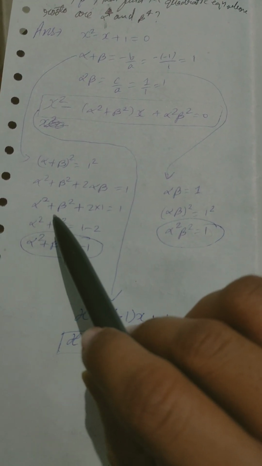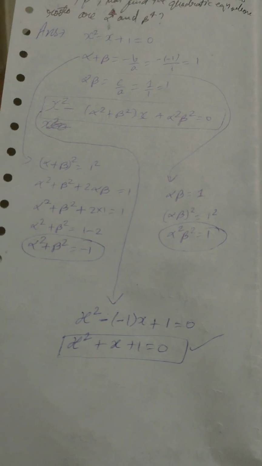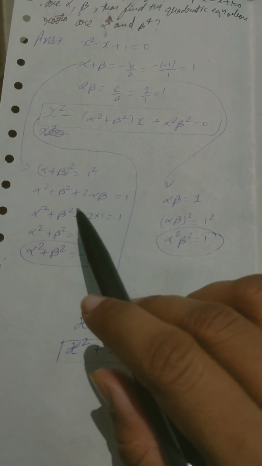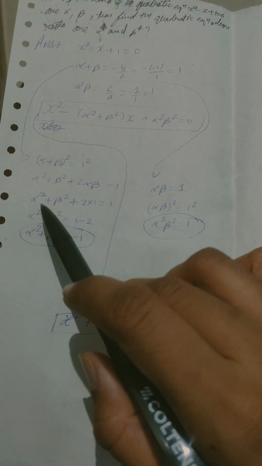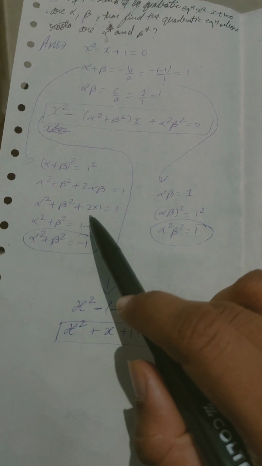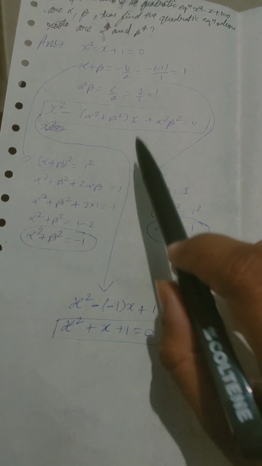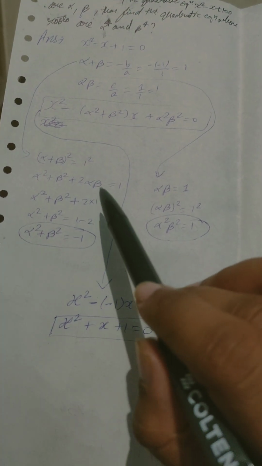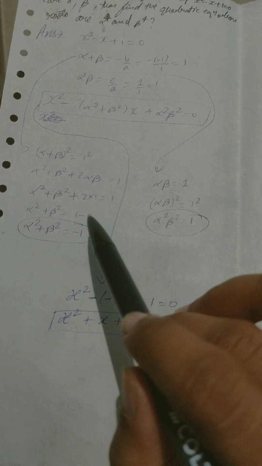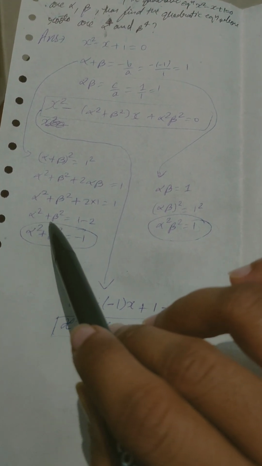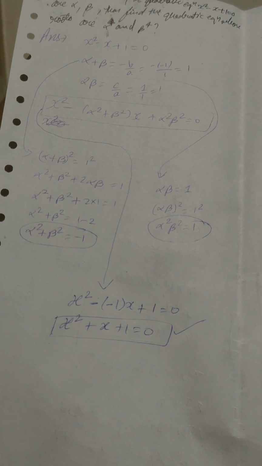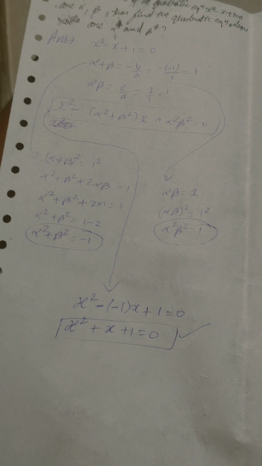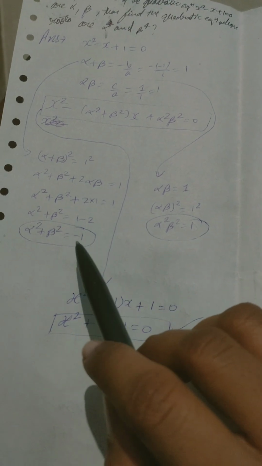Since alpha beta equal to 1, we put that value. Then alpha square plus beta square equal to 1 minus 2. Alpha square plus beta square equal to minus 1.